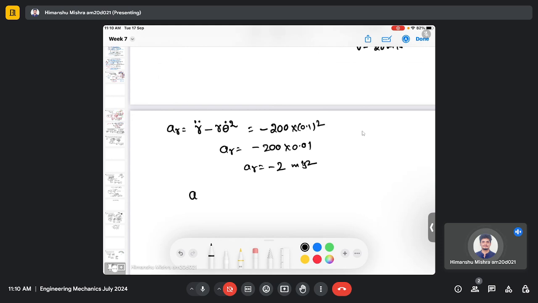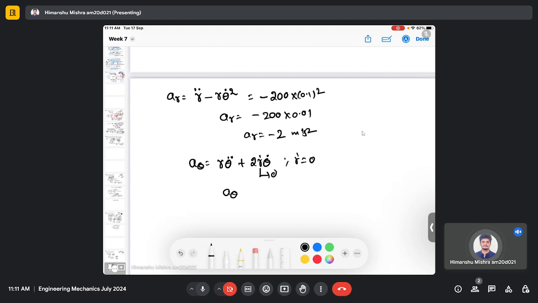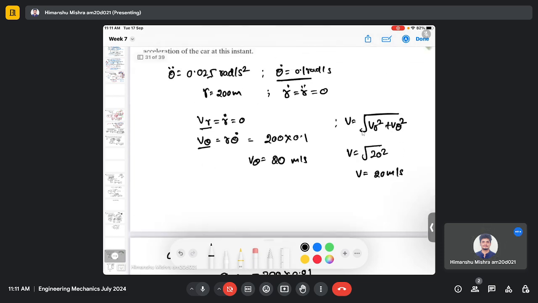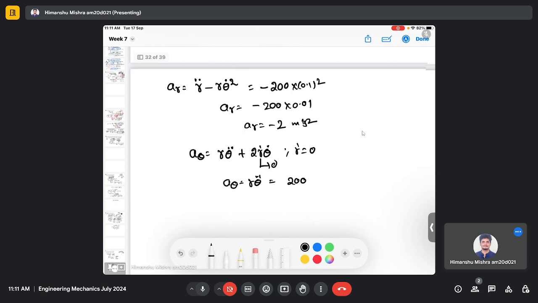In the same way we have a theta, which is r theta double dot plus 2 r dot theta dot. This term will be 0 because r dot equals 0. So a theta will be r theta double dot, where r is 200 and theta double dot is 0.025 radian per second square.